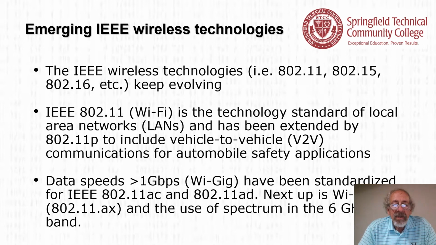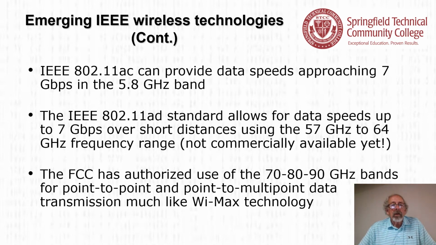That's 802.11ax, and the use of spectrum in the 6 gigahertz band is next on tap for Wi-Fi 6.0. 802.11ac can provide data speeds approaching 7 gigabits per second in the 5.8 gigahertz band. The IEEE 802.11ad standard allows for data speeds up to 7 gigabits per second over short distances using the 57 gigahertz to 64 gigahertz frequency range. However, those are not commercially available yet.